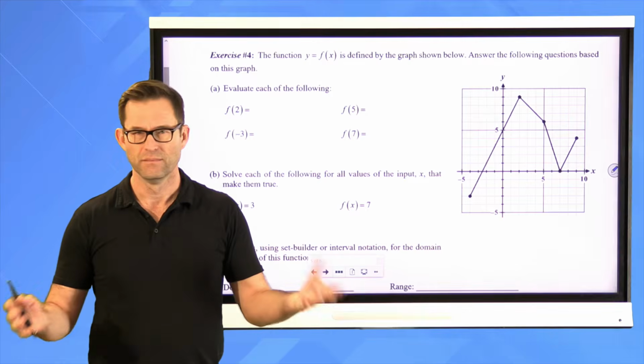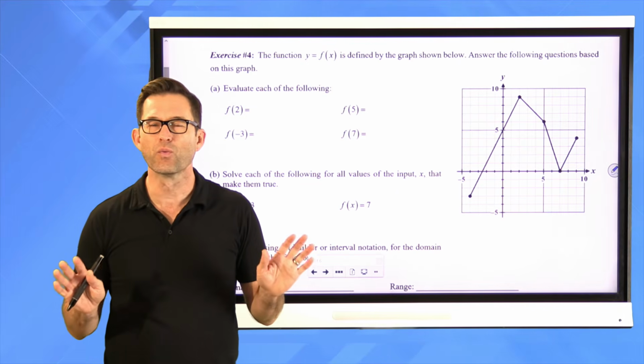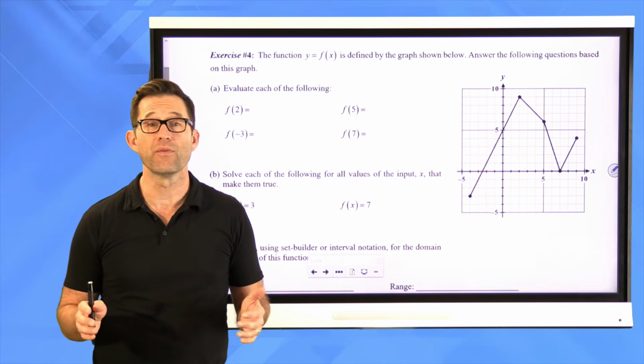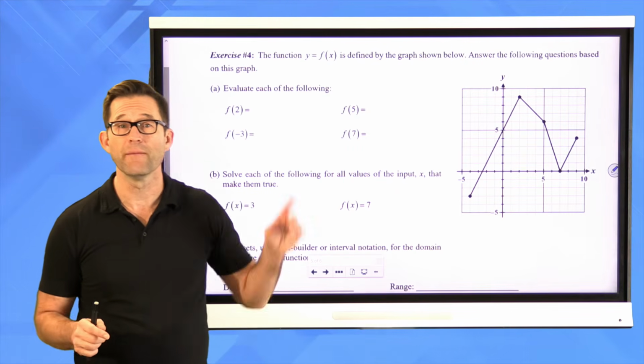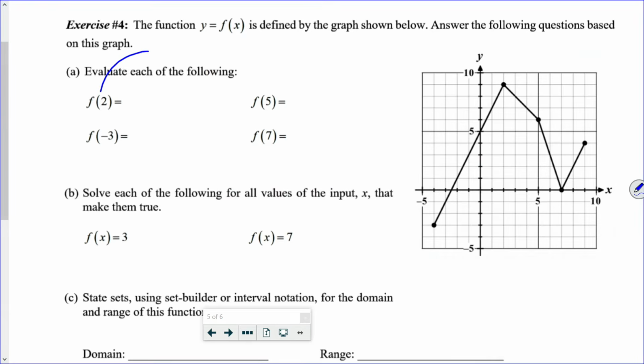All right, let's talk about how to do this. It takes a little bit of practice, but it's actually really pretty easy, maybe even easier than it was with either the table or with the equation, right? When I see something like f of 2, what that 2 is telling me is that that is an x coordinate, x equals 2, right? So what do I do? I come over to the graph to x equals 2.